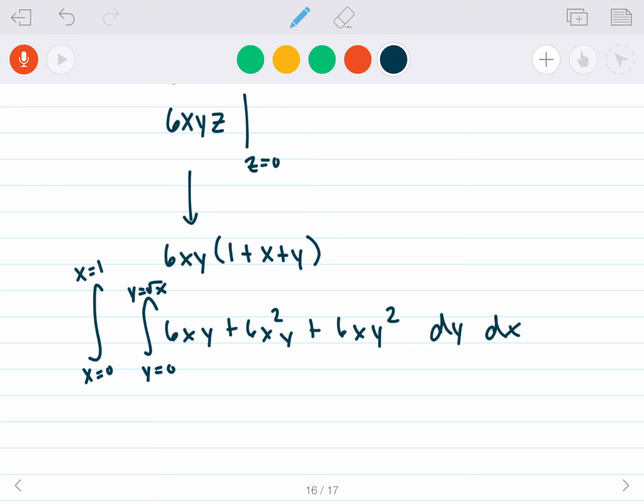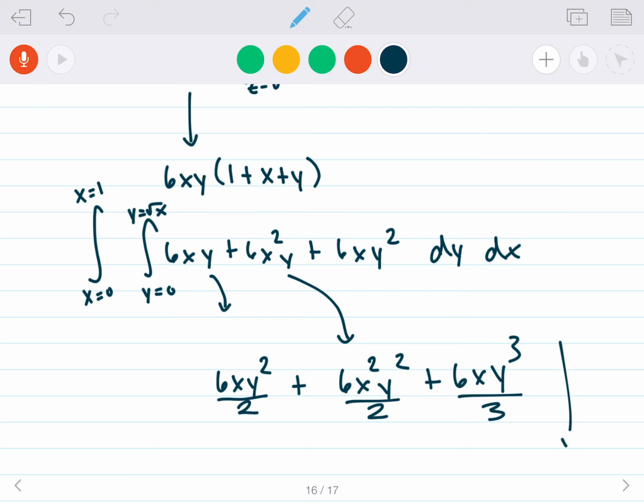All right, let's integrate with respect to y. So this is going to become 6xy squared over 2 plus 6x squared y squared over 2 plus 6xy cubed over 3. And we're going from y equals 0 to y equals square root of x.